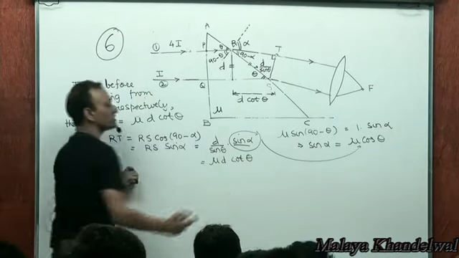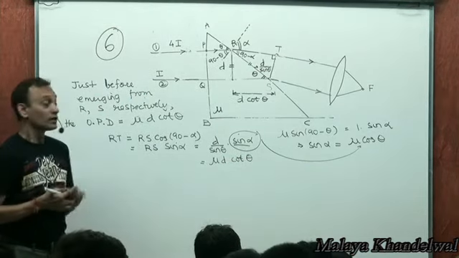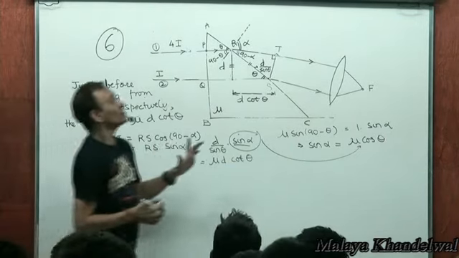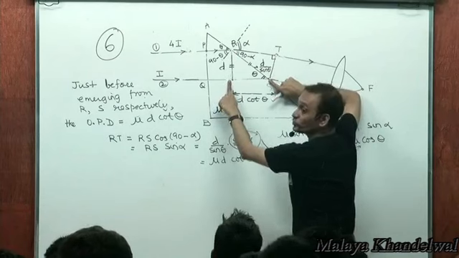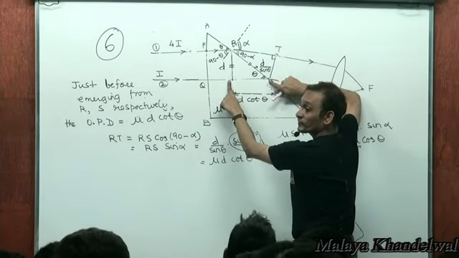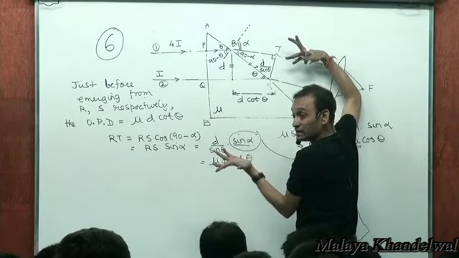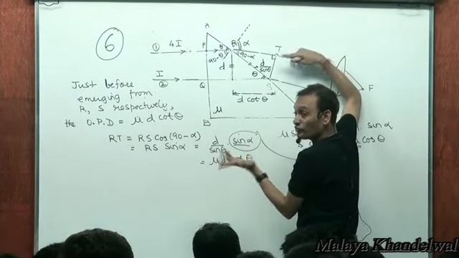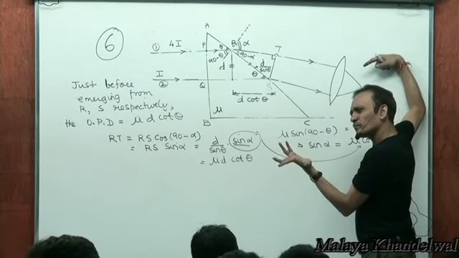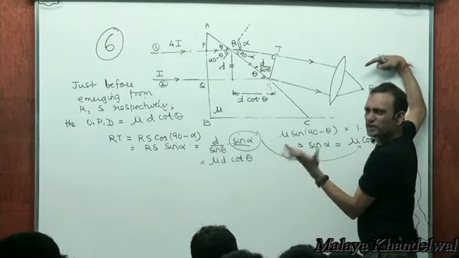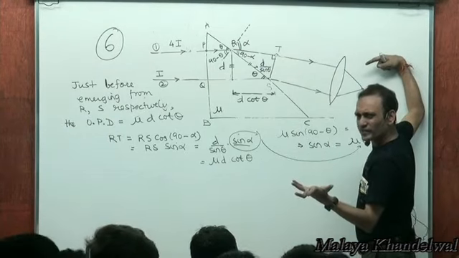When I get mu d cot theta, that means mu d cot theta minus mu d cot theta, so the path difference would be 0 from this point onwards. Therefore, they would travel in phase, and the phase difference at F is going to be 0, or equivalently 0.